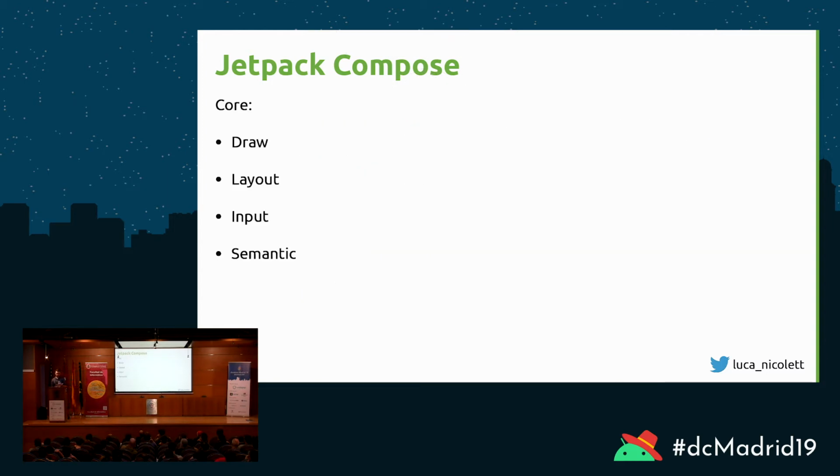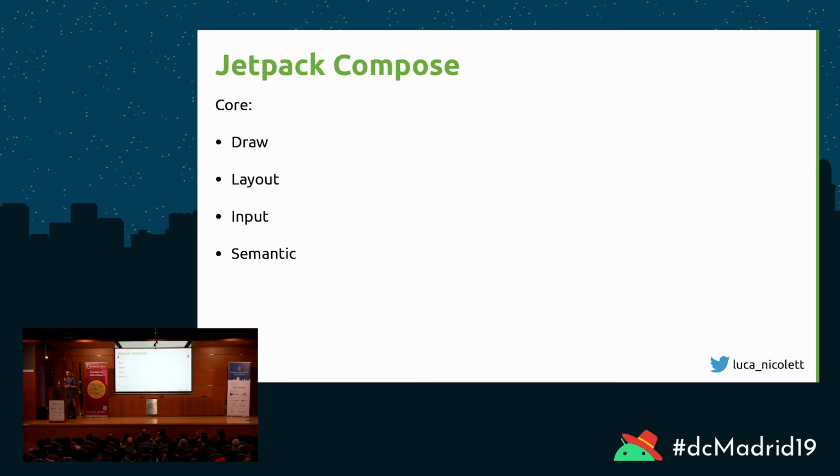The core component of Jetpack Compose is split into 4 fundamental blocks, which are draw, layout, input, and semantics. Draw provides a canvas and lets you draw on the canvas whatever you want. It corresponds to extending the View class right now and overriding the onDraw function.